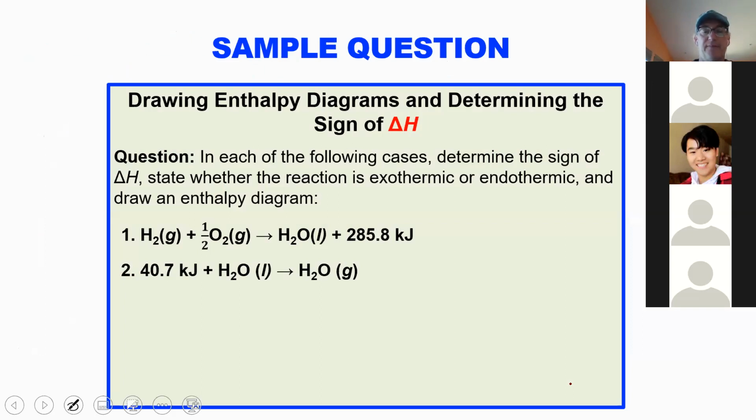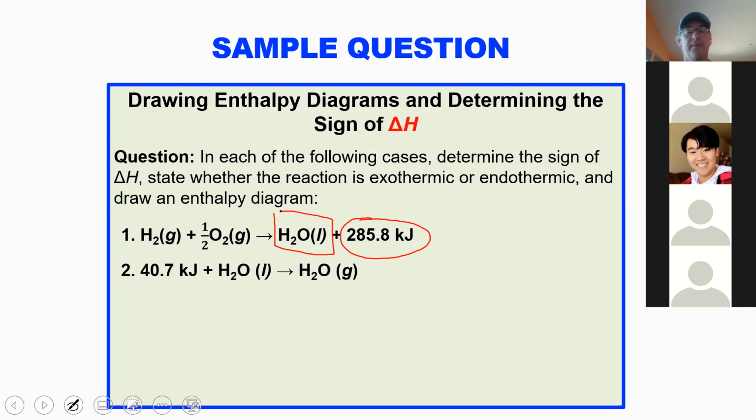If energy is being released, if it's an exothermic reaction, energy is released into the surroundings, we put it as a product. Because basically that energy is being created or transferred at the same time as our product is.